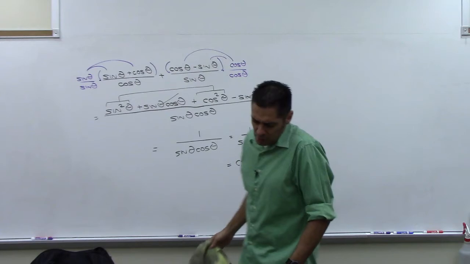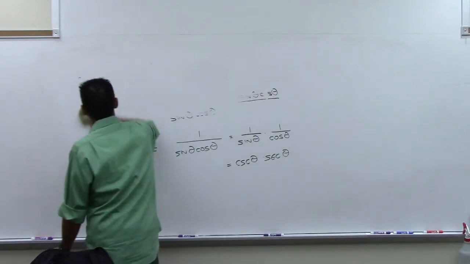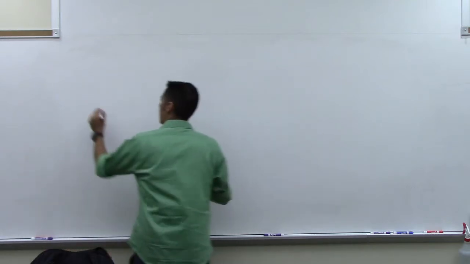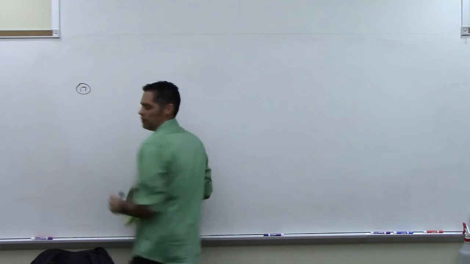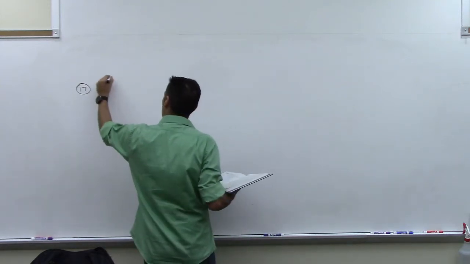Okay, this one says multiply and simplify, number 17. Multiply and simplify.